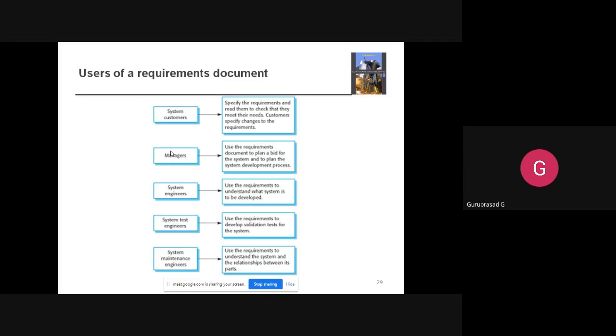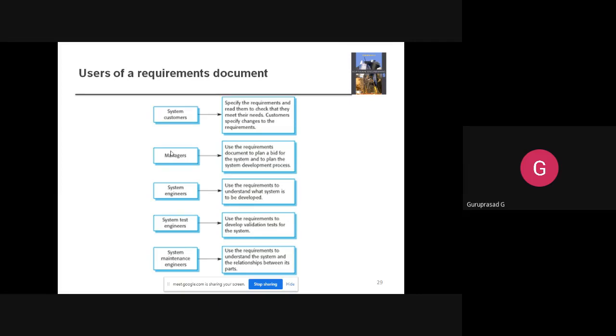System test engineers use the requirements to develop validation tests for the system. System maintenance engineers use the requirements to understand the system and the relationship between its parts.